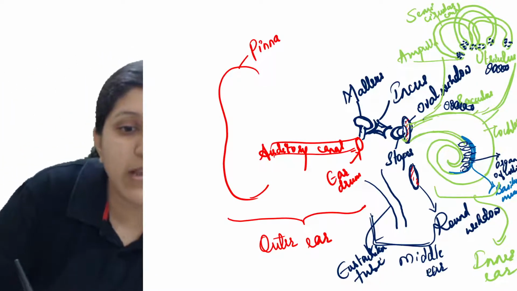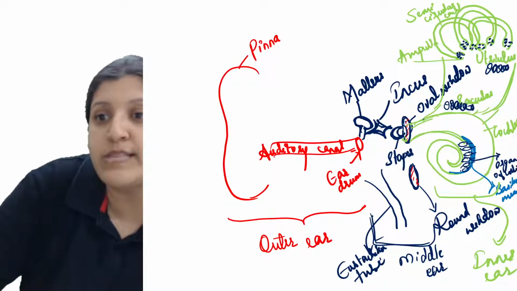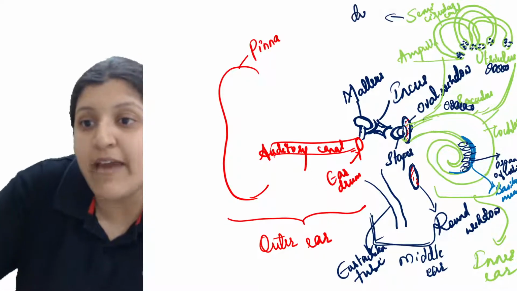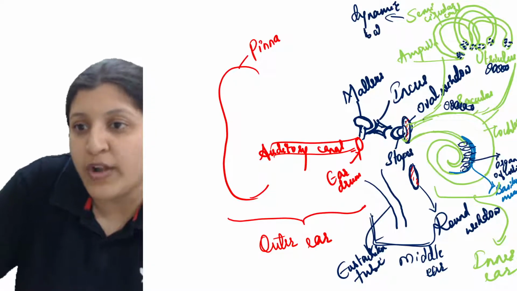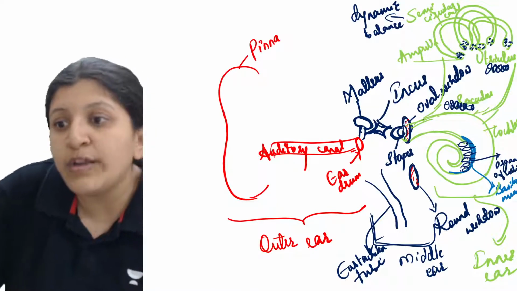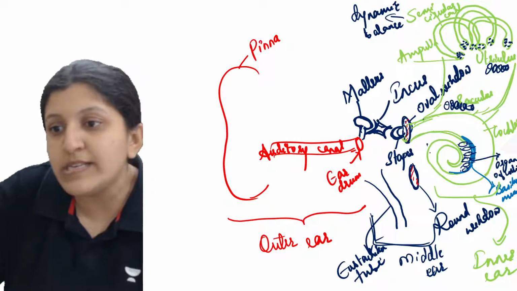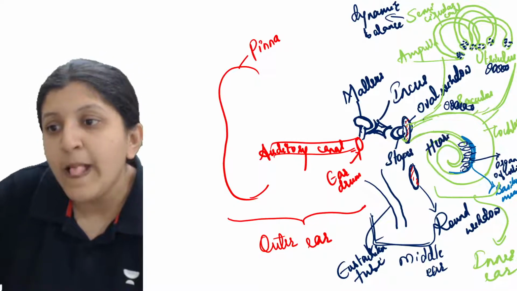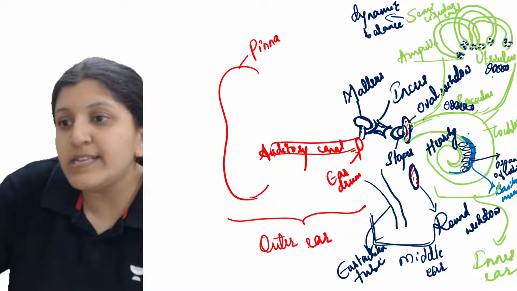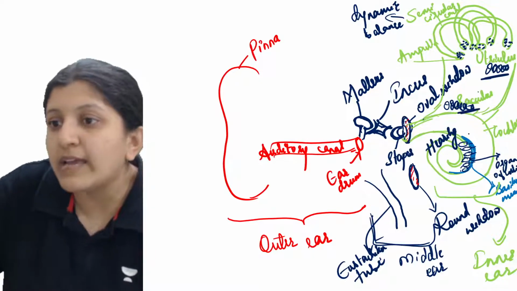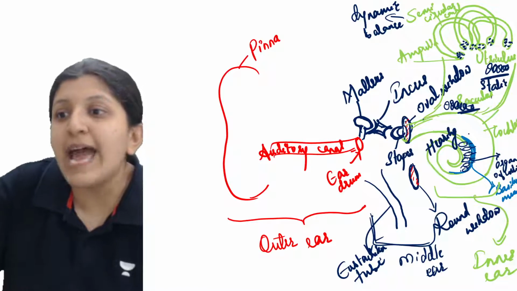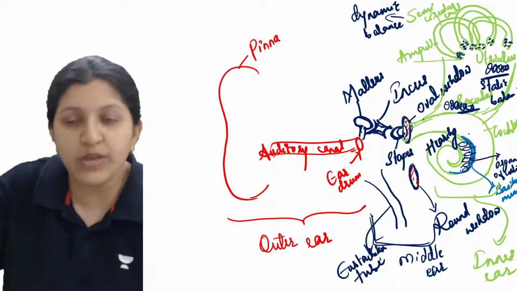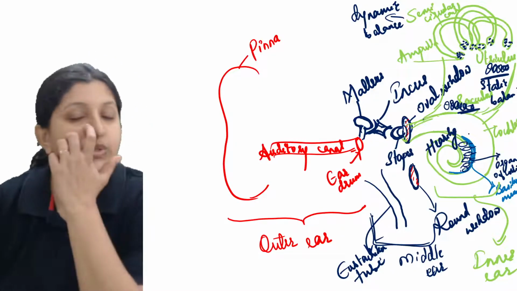The semicircular canal has a role in dynamic balance of the body. The organ of Corti has the function of hearing, and the utricular and saccular sensory cells have the function of static balance of the body. So static balance is associated with this.